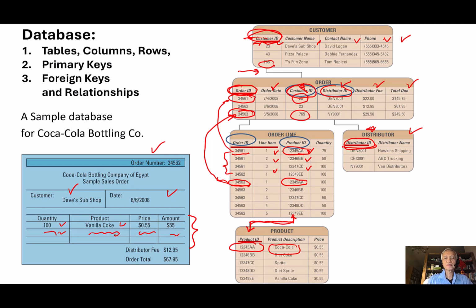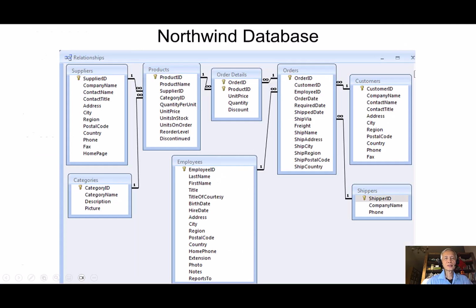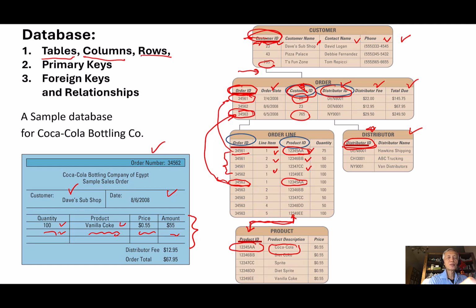Okay. So to summarize, as you can tell, in this database we have tables. In each table we have columns and rows, and each table also has a primary key that uniquely identifies a row based on the primary key's value. Tables in the database typically are related to each other.